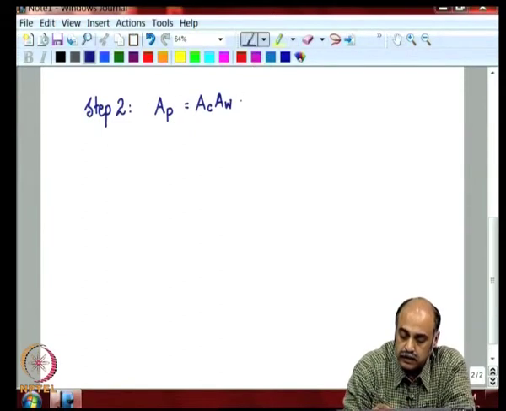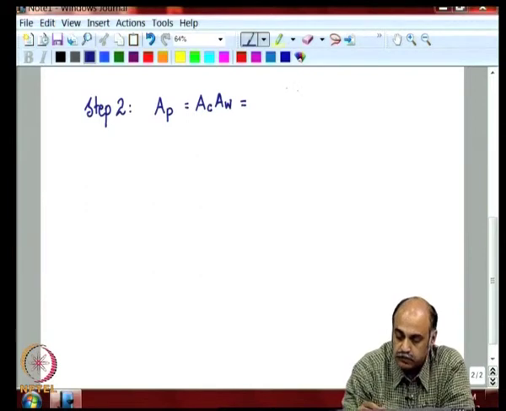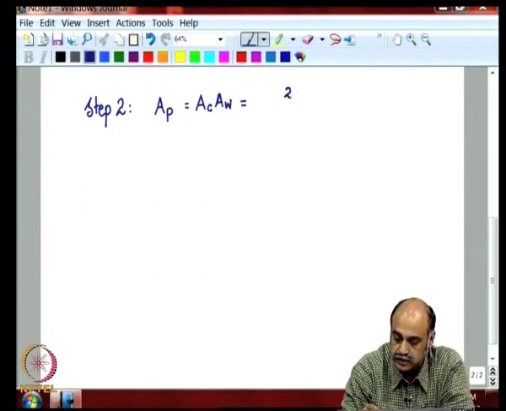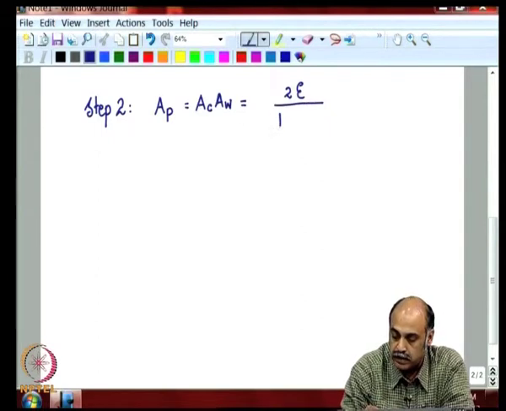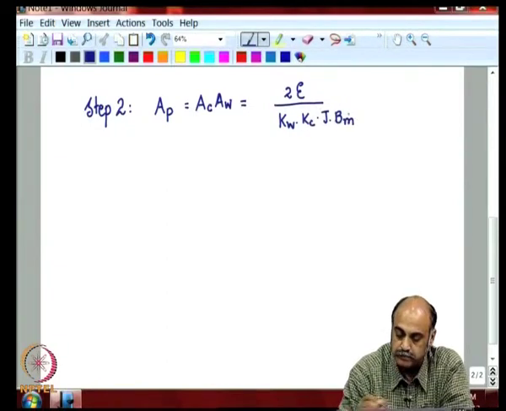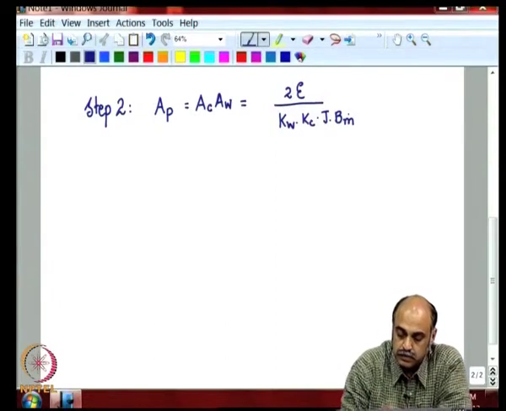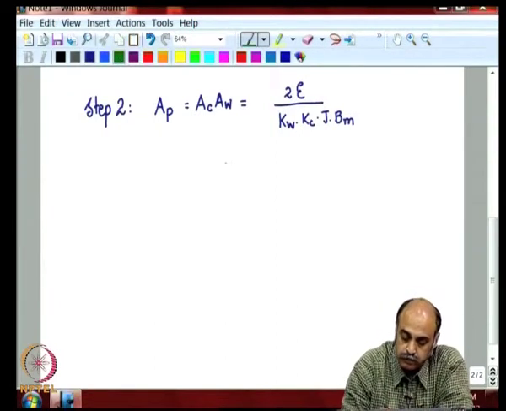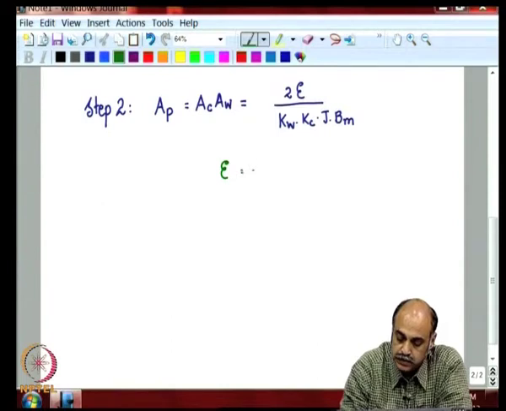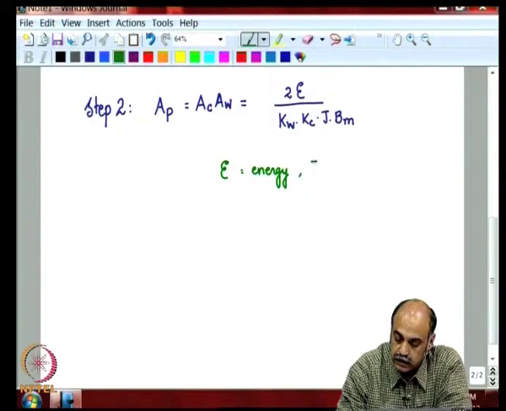And again, as we discussed in the last class, for the inductor design, this is given as 2 times the energy in joules divided by K_w, K_c, J, B_m. So, here you have E, which is the energy that the inductor needs to store, in joules.